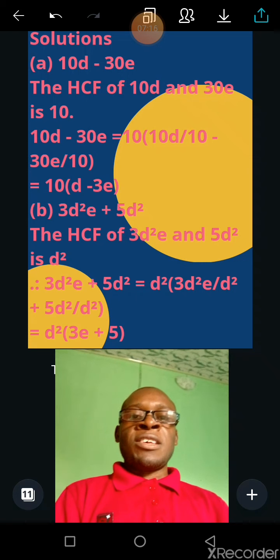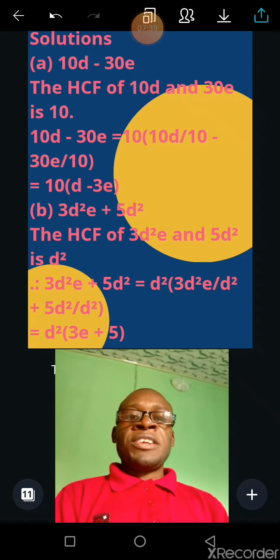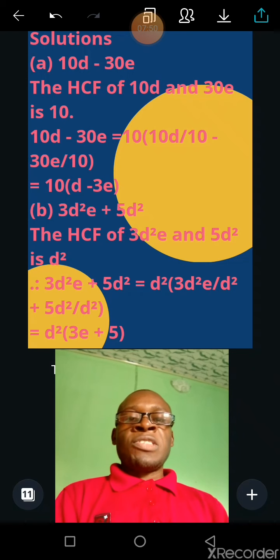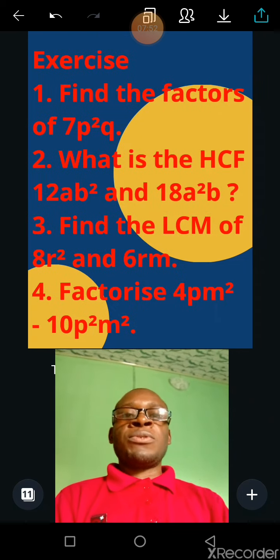Therefore, 3d squared e plus 5d squared equals d squared, bracket open, 3d squared e divided by d squared, which is the HCF, plus 5d squared divided by d squared. 3d squared e divided by d squared will give you 3e, while 5d squared divided by d squared will give you 5. So you now have d squared, bracket open, 3e plus 5, bracket close.